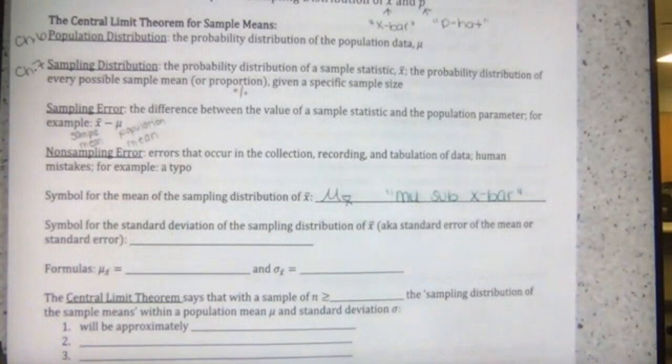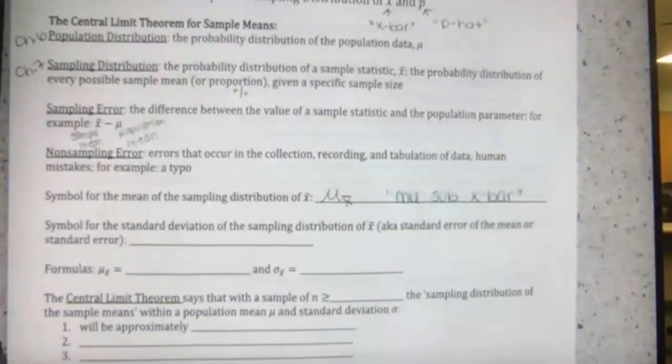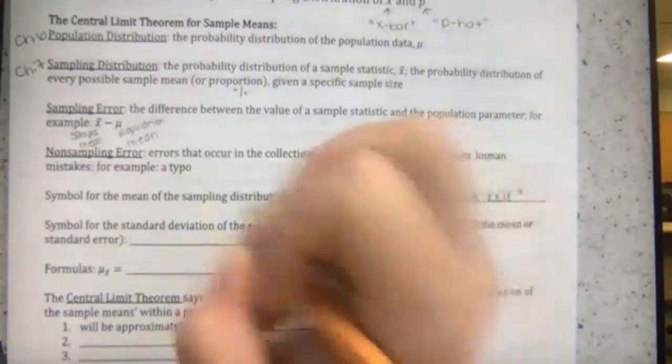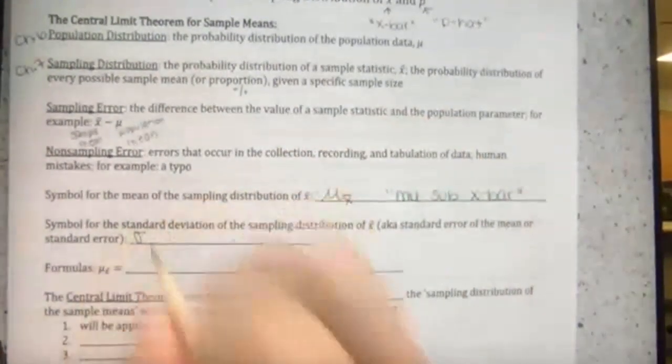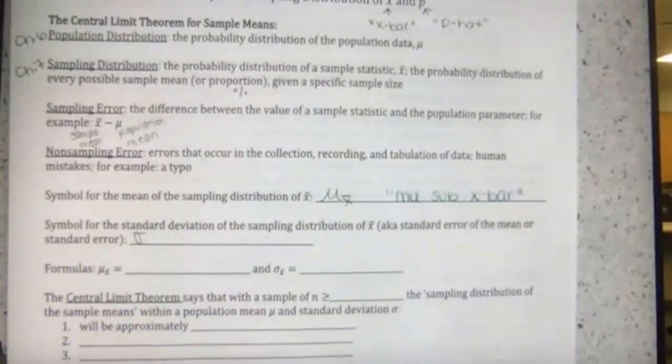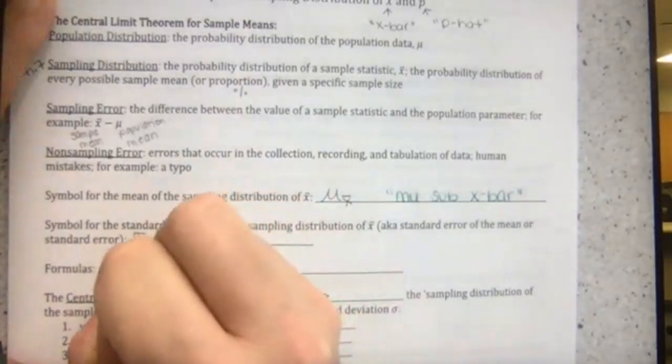Same thing for the standard deviation. The symbol for the standard deviation of the sampling distribution of X bar is the standard error of the mean, or the standard error in general. Standard deviation is sigma. We're talking about the sampling distribution, so to differentiate it from our regular sigma, we're going to do sub X bar again.